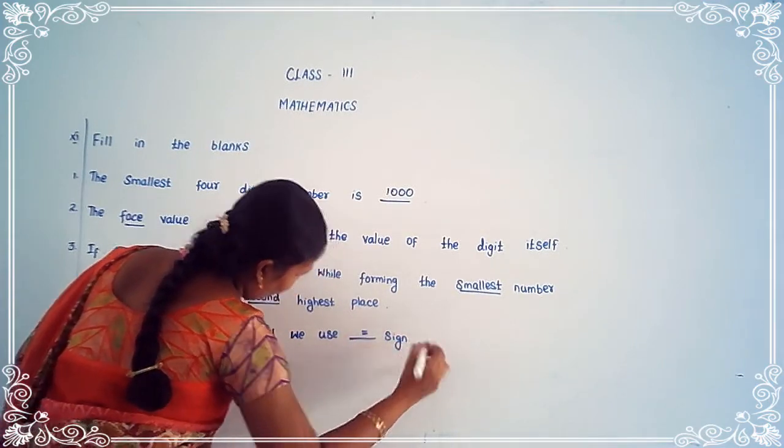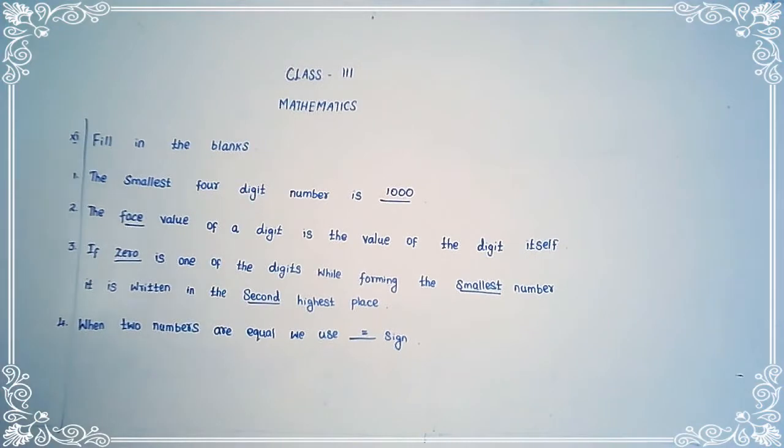Sign means symbol. Yes or no, ma? If the first side number is greater, we have to use the greater than symbol. If the right side number is greater, we have to use the less than symbol. When two numbers are equal, we use the equal to symbol.